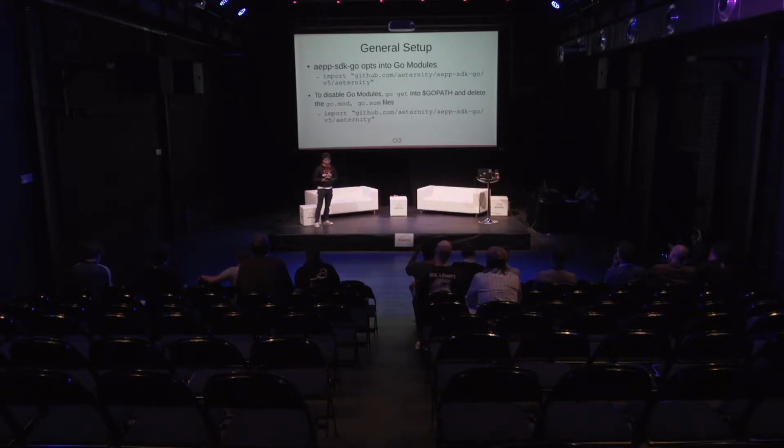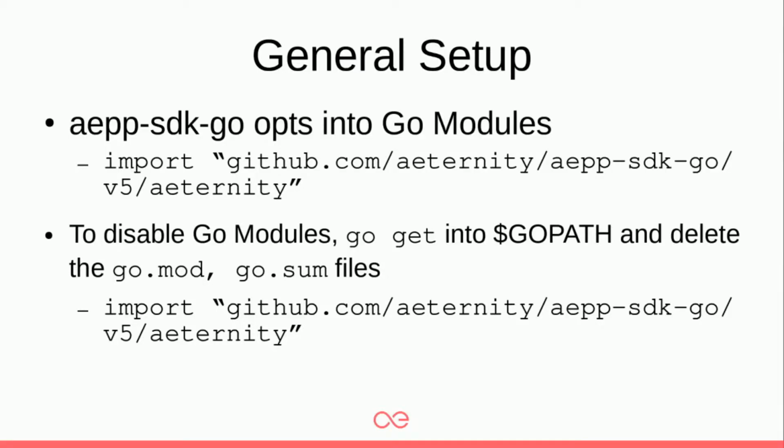But actually, I get a lot more questions about how to set up the Go SDK instead of how to use it. So let's just set things straight. The Go SDK uses Go modules, and this means that whenever you import it, you really need to put the major version there. Otherwise, you would just import a very old version of the Go SDK.